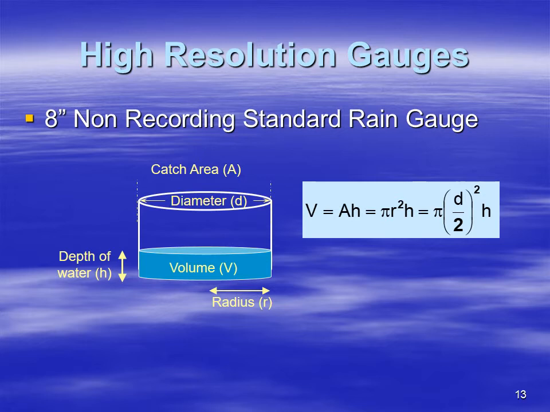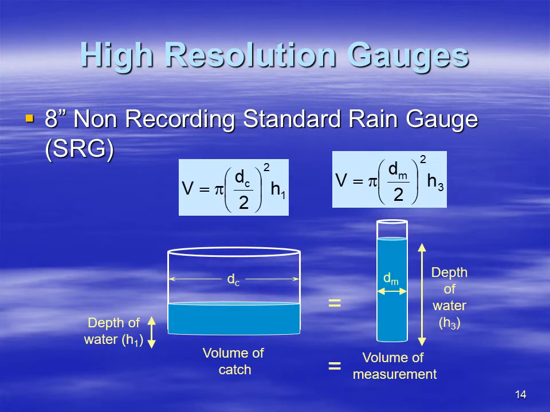As precipitation falls into the can, you have a certain volume of water, which you can figure out by multiplying the area of the catch area, in other words how wide the opening of the can is, times the depth or the height of the water in the can. That'll give you the total volume of precipitation that fell into this standard gauge.